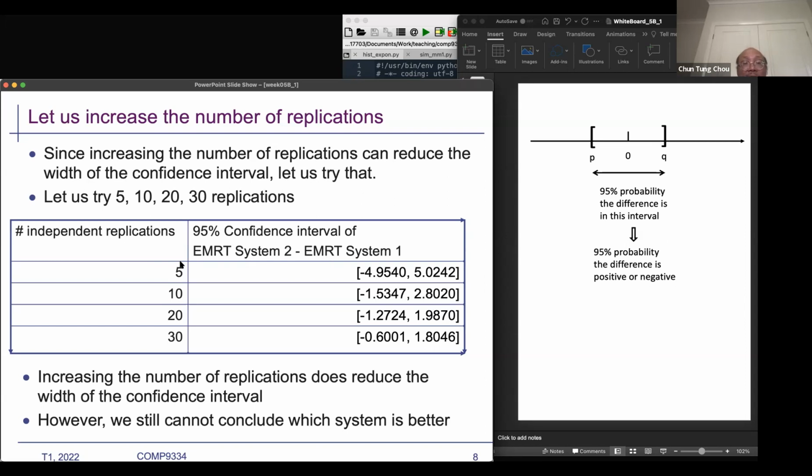With 5 replications, the confidence interval becomes minus 4.95 to 5.02. Say we increase to 10 replications, the confidence interval becomes minus 1.5 to 2.8. And with 20, it becomes minus 1.27 to 1.98. When it's 30, the confidence interval becomes minus 0.6 to 1.8.